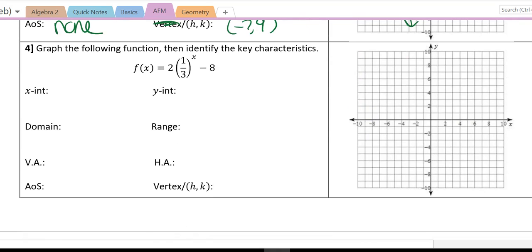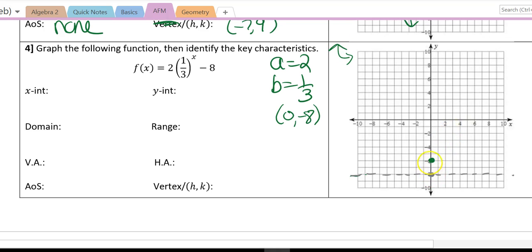Okay, next one. This is a decay. So we have our A value is 2, our B value is 1/3, our HK is 0, -8. So 0, -8, we put a horizontal line. Then we look at our A value, that's 2, so we go up 2. This is a decay, so it should go down as we go to the right.